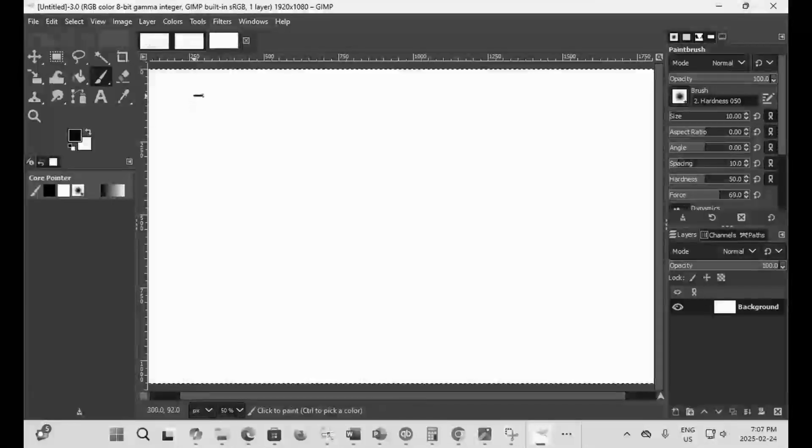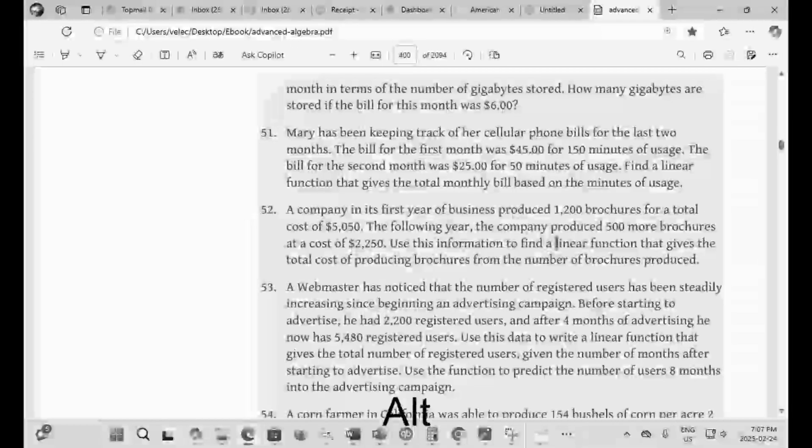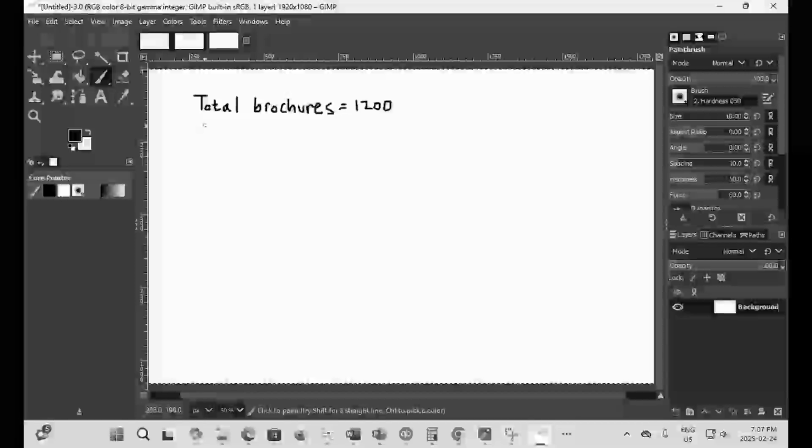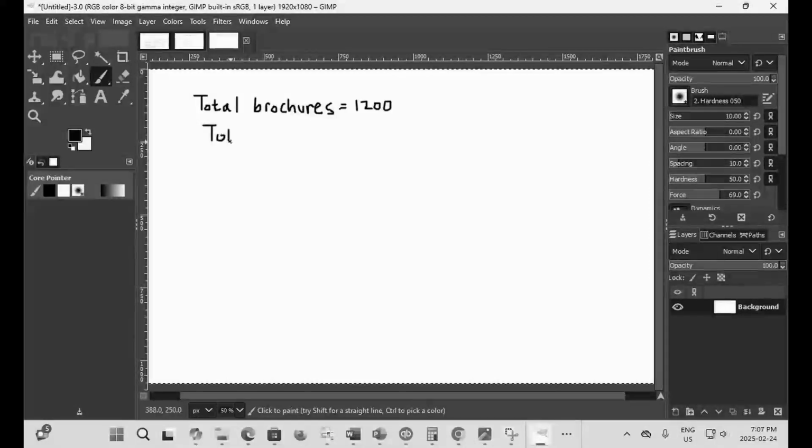In the first year of business, the total number of brochures is 1,200, and the total cost of producing these brochures is $5,050.